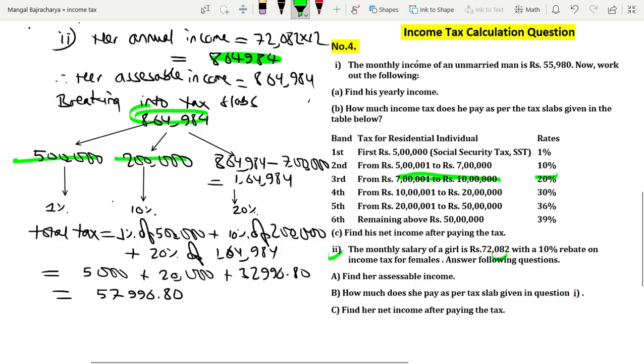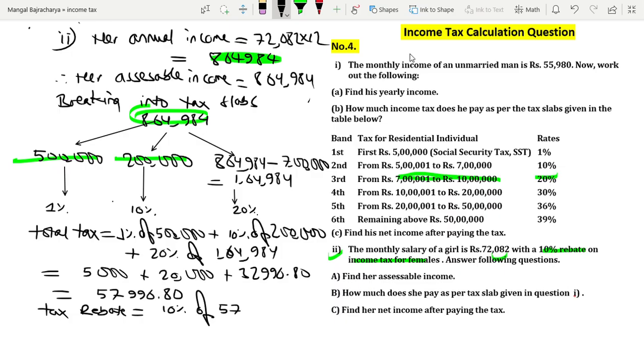So what next? She is allowed a 10% rebate, is it, for income tax for females. So let's calculate the tax rebate. So tax rebate equals 10% of this amount of the tax, 57,996.80.